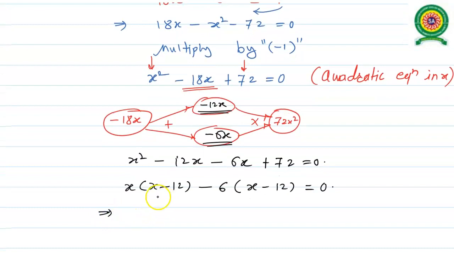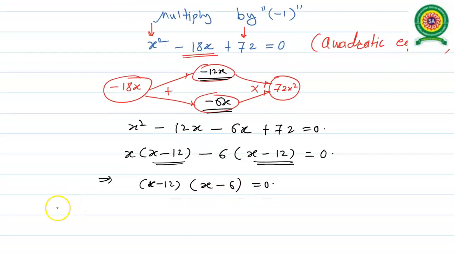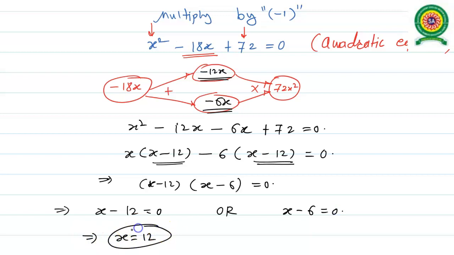Taking x minus 12 common, we remain with x minus 6. Once the product of any two numbers is 0, it implies at least one of them is 0. So either x minus 12 is 0 or x minus 6 is 0. While simplifying, we have the x value is 12 or the x value may be 6.